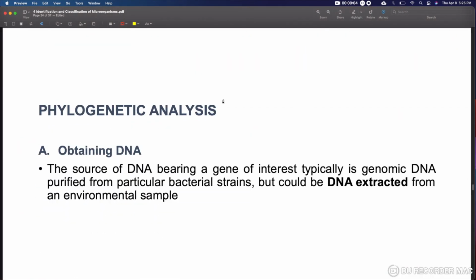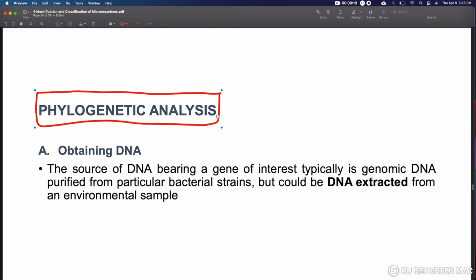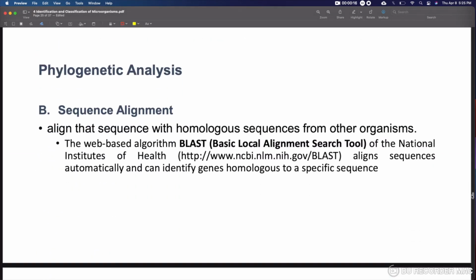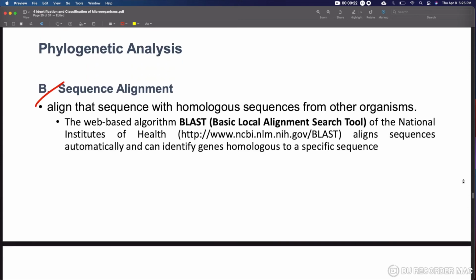We have now come to the last portion of your lecture in Polyphasic Taxonomy, wherein we do phylogenetic analysis. The first step in phylogenetic analysis is to obtain the DNA, extraction of DNA. After extracting the DNA, we'll do sequence alignment using BLAST. It's a web-based algorithm, the Basic Local Alignment Search Tool. You can visit it using this link right here.